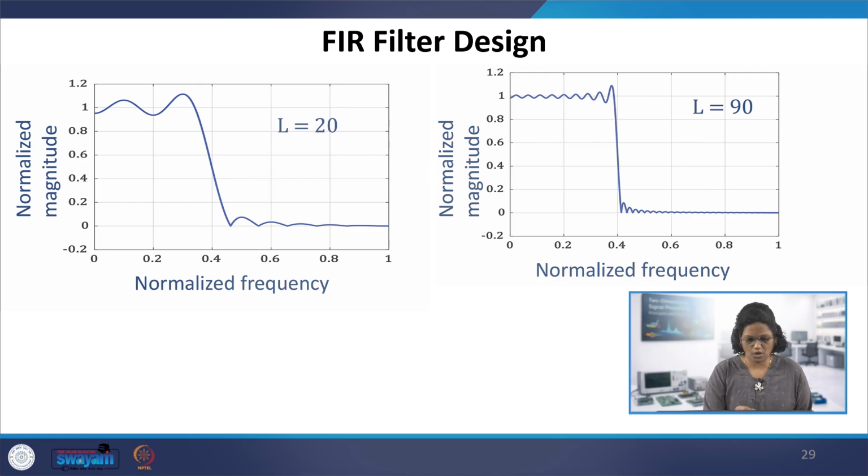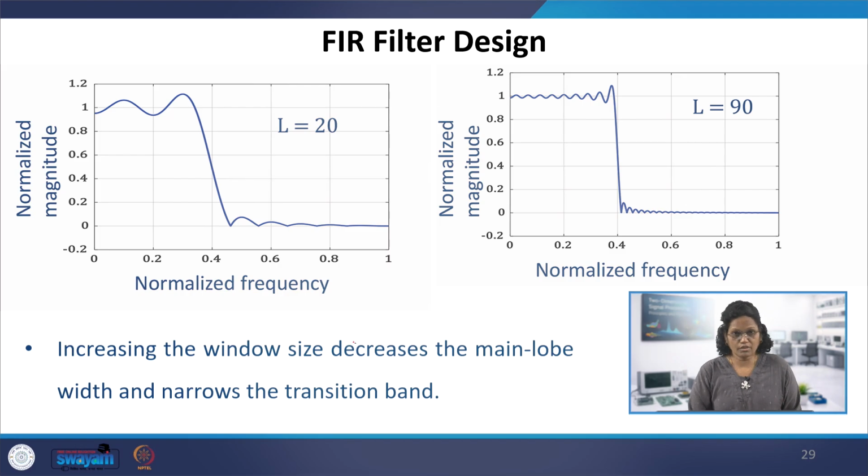So you can see the sharpness of this transition width. As the window length increases, the main lobe width decreases, and the main lobe width and the transition width are directly proportional. So increasing the window size decreases the main lobe width and also narrows the transition band, which is good. So from this conclusion, you should have more samples in the window.